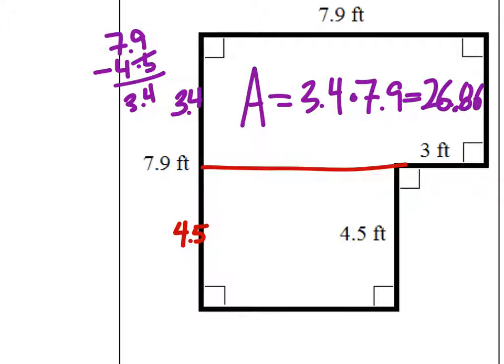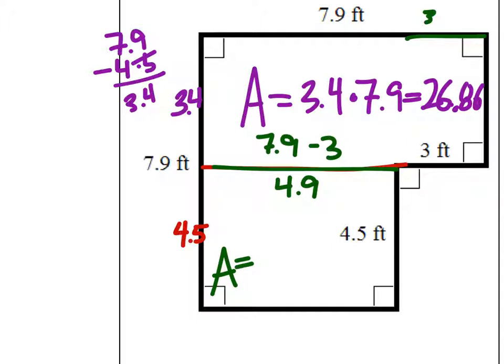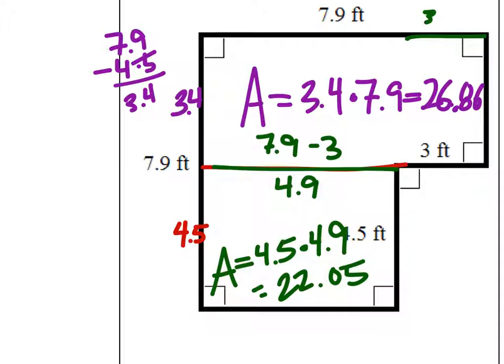Now we've got to find the dimensions of this other one. So this length is 3. So to figure out this length, we're going to do 7.9 minus the 3. So this length is 4.9. So the area is 4.5 times 4.9, which gives us a new area, 22.05.